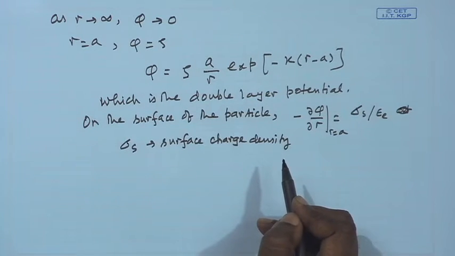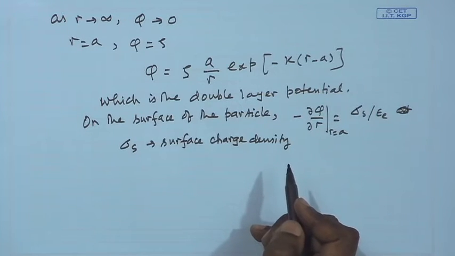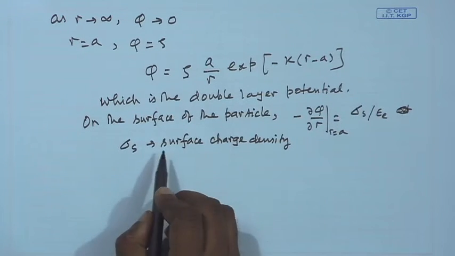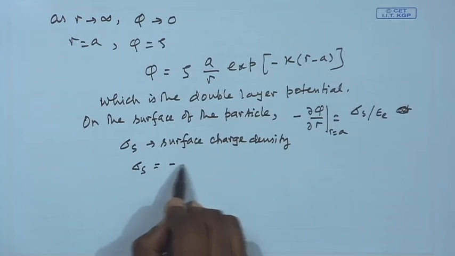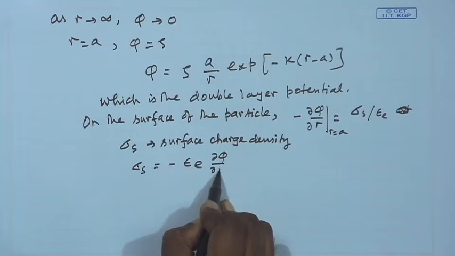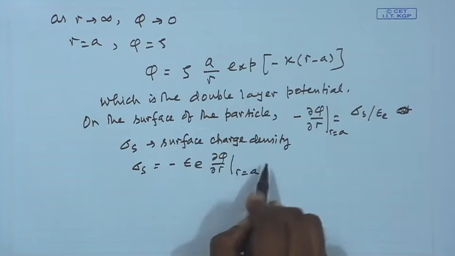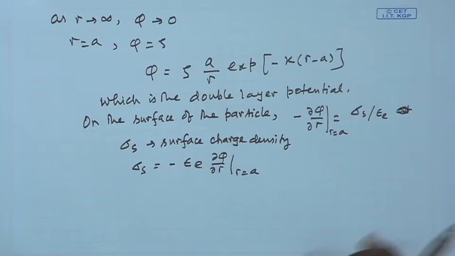So, sigma s equals minus epsilon e del phi del r at r equal to a, and this can be obtained from the expression above.